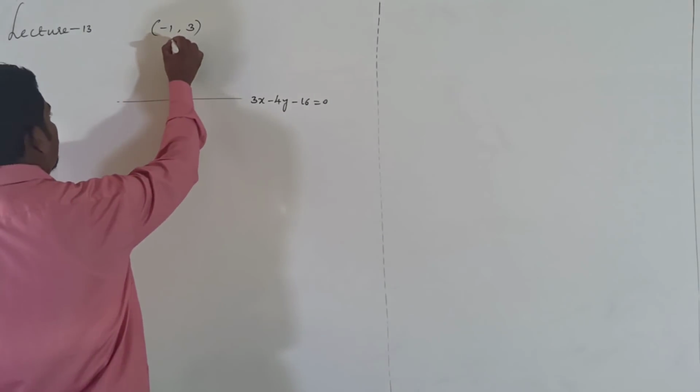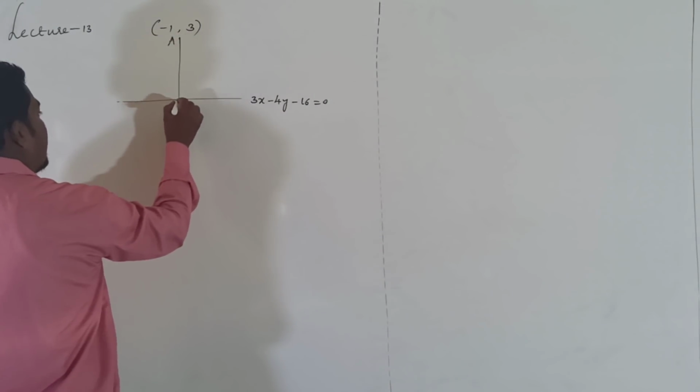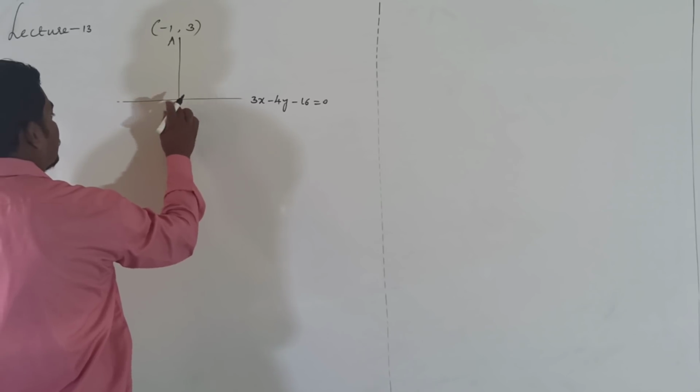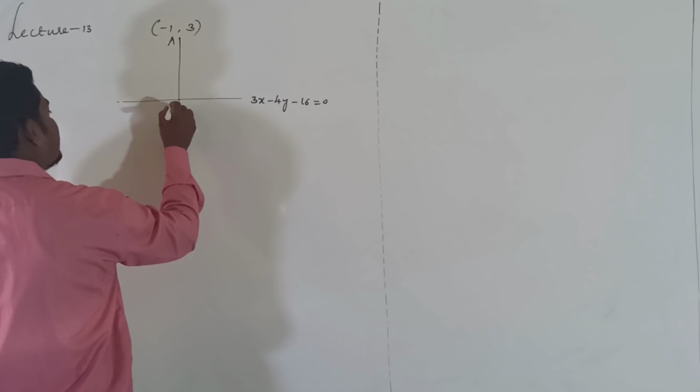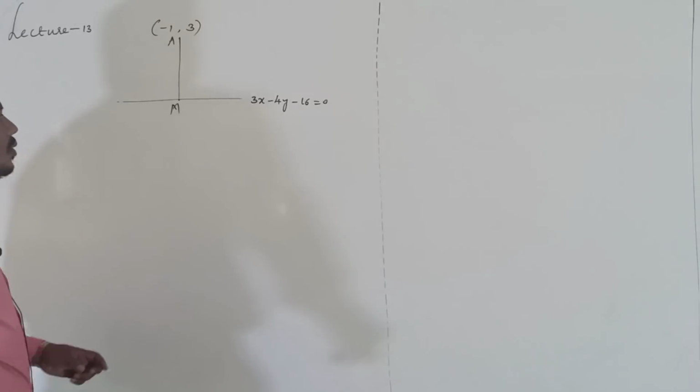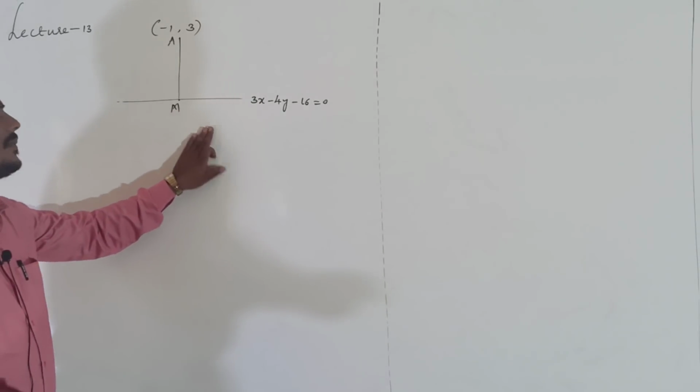Take this as some point A and the foot of the perpendicular is taken as some M. We need to find the coordinates of M.